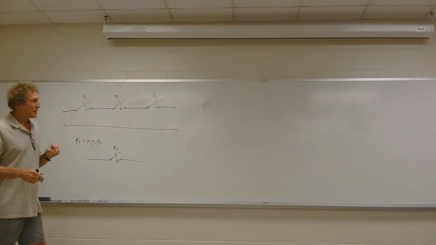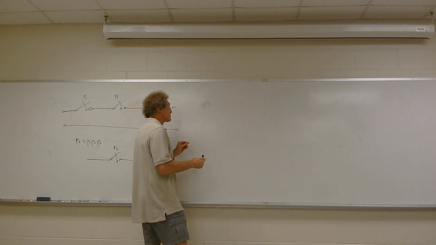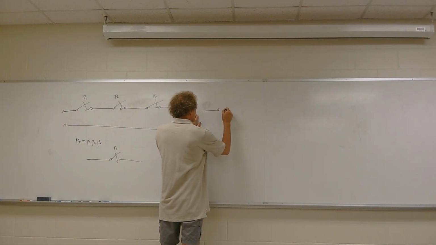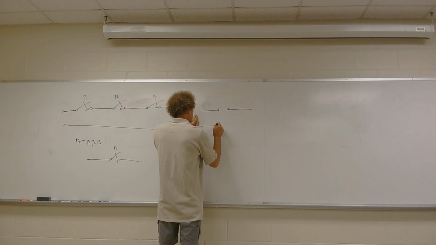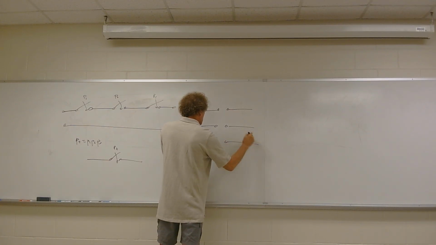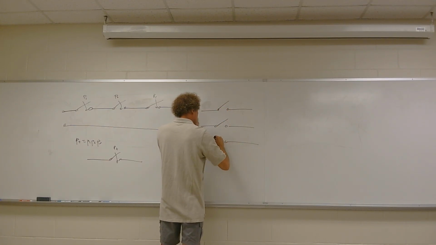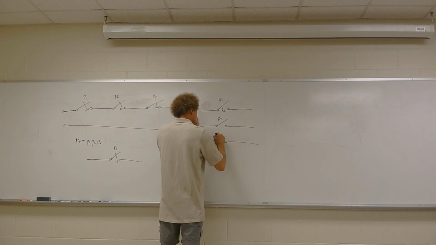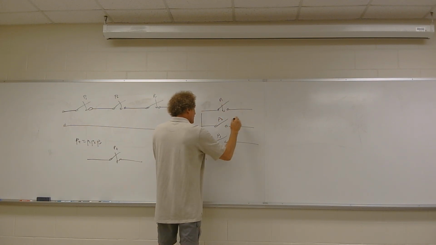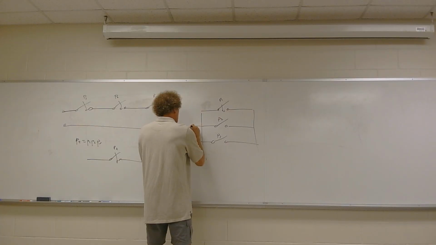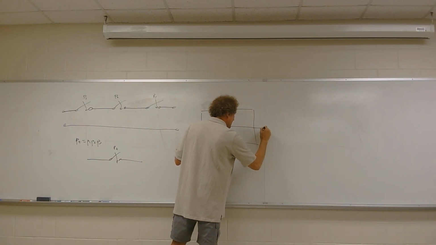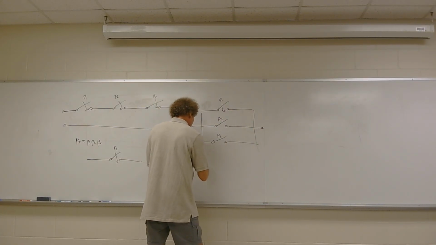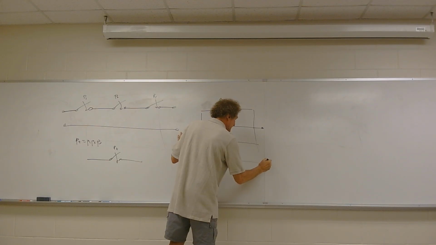Now, if you have switches in parallel, like so, and I'm going to put 3. What we're trying to do is find out if there's going to be a connecting path between the input and output.